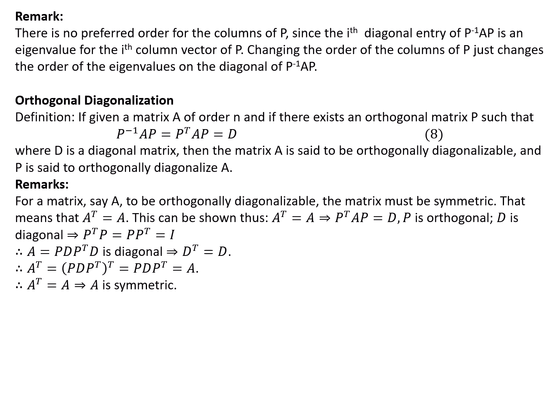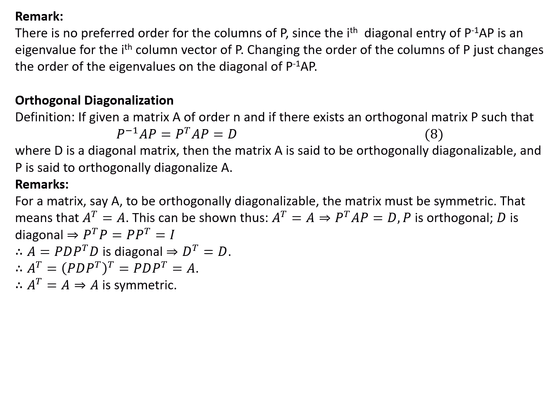We want to define the meaning of orthogonal diagonalization. If given a matrix A of order n, and if there exists an orthogonal matrix P such that the inverse of P multiplied by AP is equal to the transpose of P multiplied by AP, and they are both equal to the diagonal matrix, which is labeled as your equation A, and where D is the diagonal matrix, then the matrix A is said to be orthogonally diagonalizable.